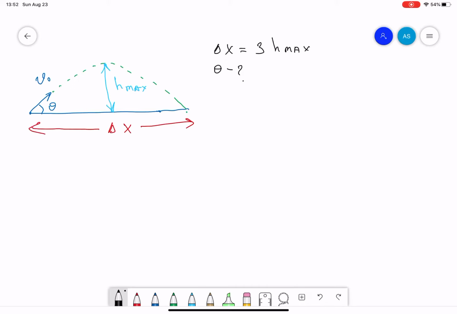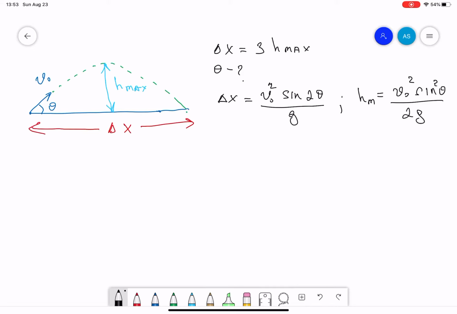If you want to find delta x, it is equal to v initial squared multiplied by sine 2 theta divided by g, and for h max we have a formula which is v initial squared sine squared theta divided by 2g.